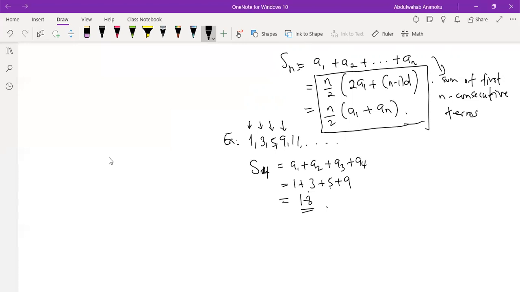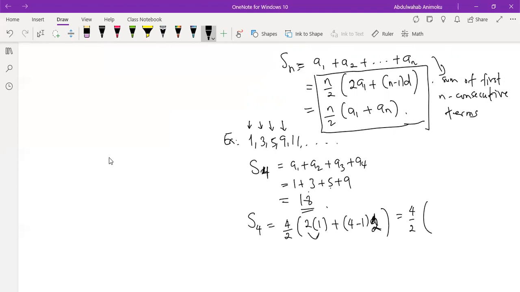Now, let's use our formula and see. Our formula says S4, using the first one, says the number of terms, which is 4, over 2 times 2 times the first term, which is 1, plus n minus 1, which is 4 minus 1, times the common difference, which is 2. Don't forget the common difference is 2 in this problem. Now, how do you evaluate this? Please be very careful with this.